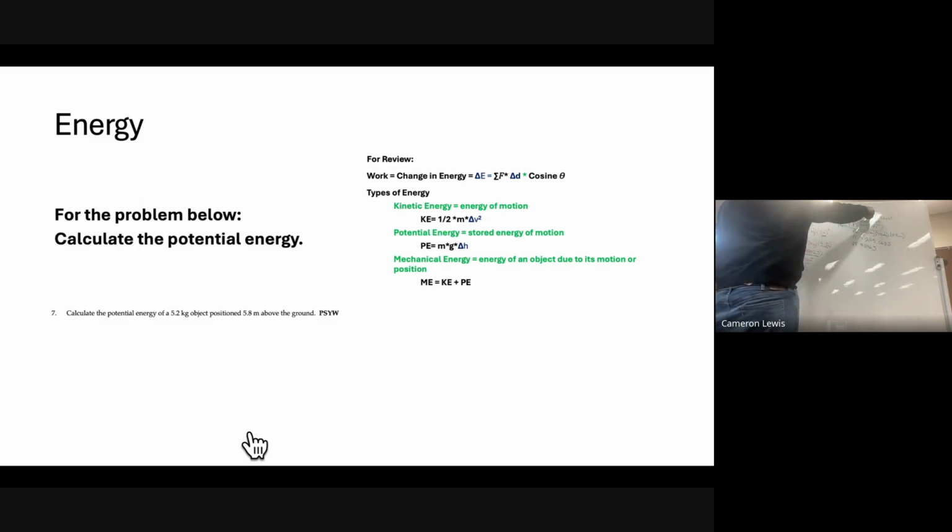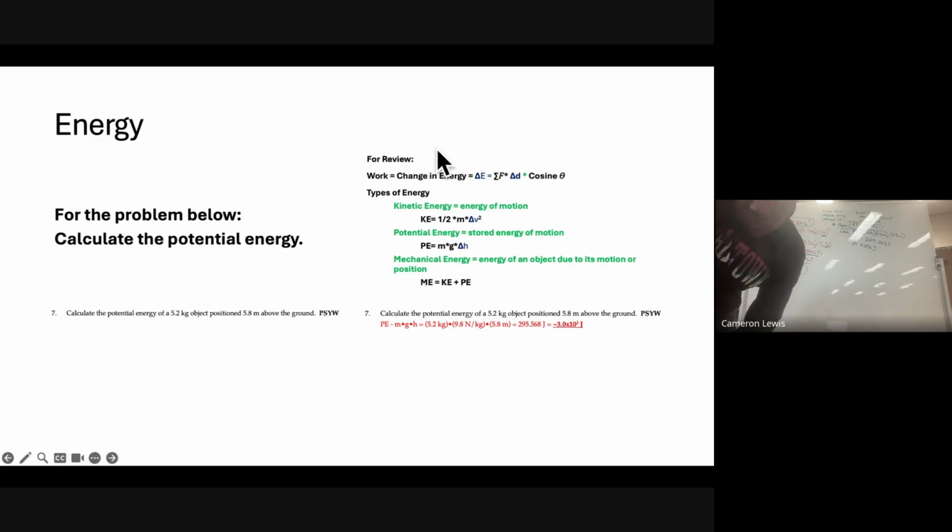What were we given? We were given a mass and a height. What is our unknown? The potential energy. But what do we have to assume? We have to assume that we're on Earth, that gravity is equal to 9.8, which we know is true. Now we have everything we need to solve this equation. Physics, math. All you have to do is plug this in the calculator, multiply it, and you get 295.568 joules, or rounded, about 2.96 joules.